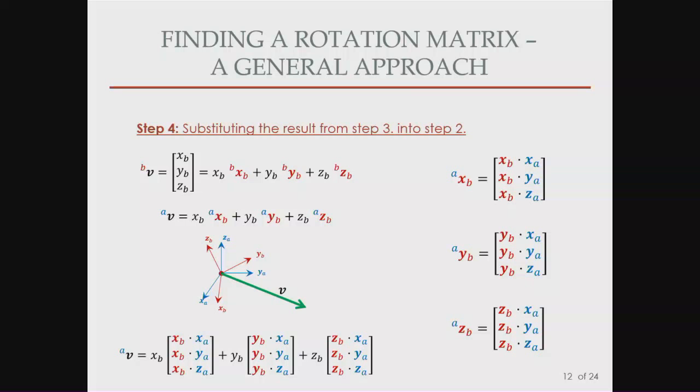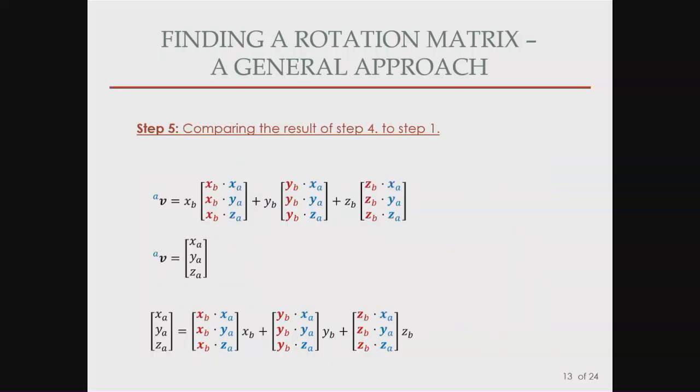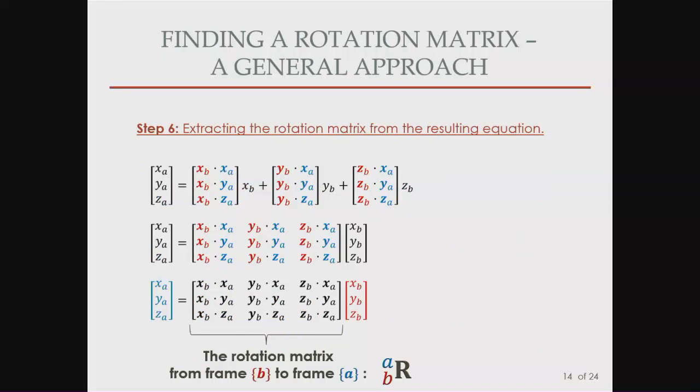Now I can substitute, instead of X_B in A, Y_B in A, Z_B in A, these expressions, and as I do, it will look like this. And now the last step is to turn it into matrix form. Are you following so far? So the matrix form from here is like that, and this will be our rotation matrix from B to A. Why from B to A?